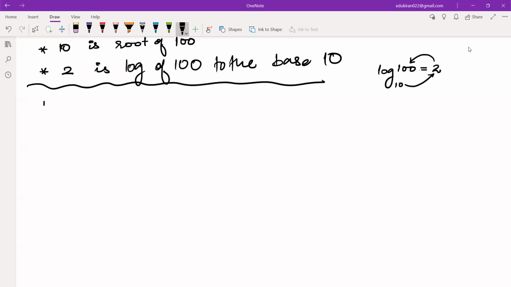Now, Hiba, you will tell me what will be the log of 10,000. So tell me, 10 to the power what will be equal to 10,000? Yes, Hiba, tell me.